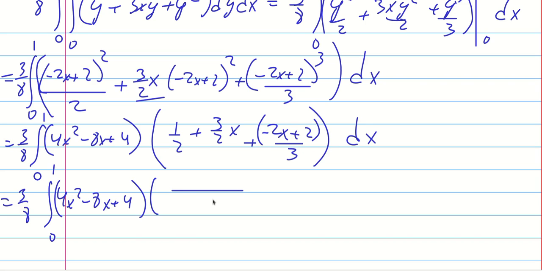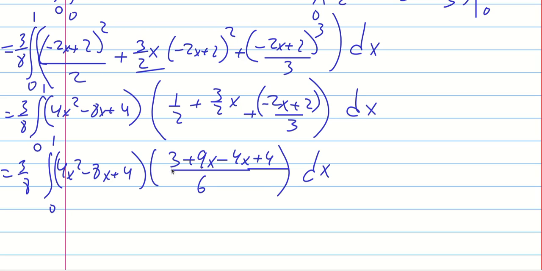Common denominator is 6, like we agreed before. So we put 6. This one we multiply by 3, so we get 3 plus 9x. And this one we need to multiply by 2, right? So it's negative 4x plus 4 dx.